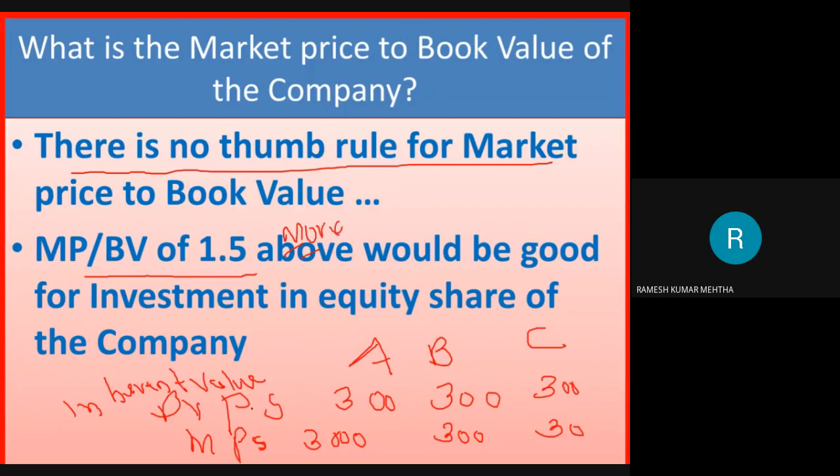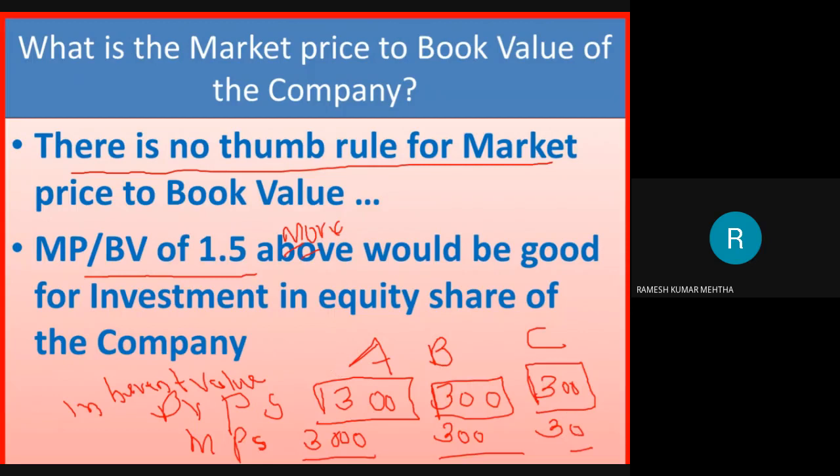Let's look at this example. The inherent value or inner value of this company's share is 300, in this company also it is 300, and in this case also it is 300. There can be various reasons why the market price of the share can be like this, but we will not go into that; we are understanding the concept of price to book value.